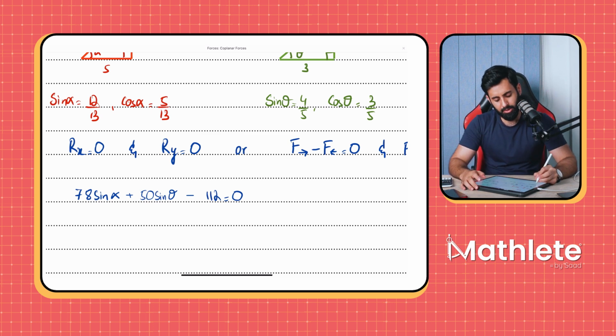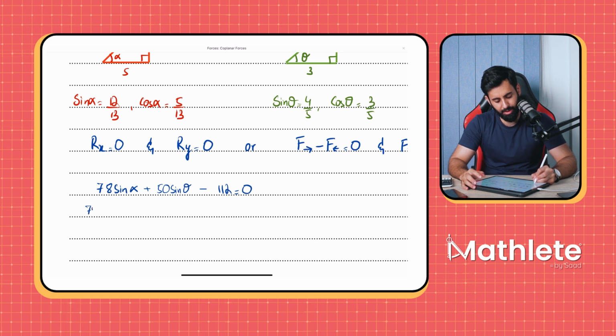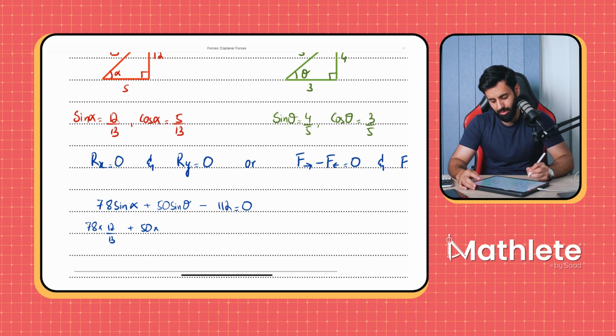Okay, so 78 sine alpha means 78 into 12 upon 13, plus 50 sine theta means 50 into 4 upon 5, minus 112 equals 0.